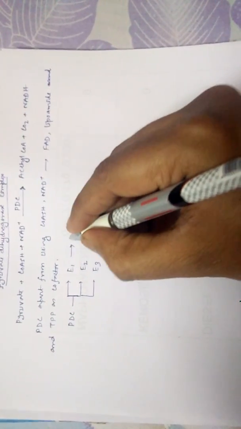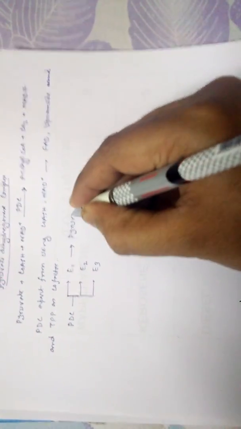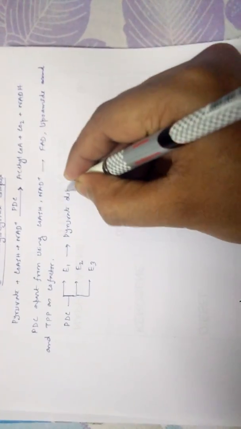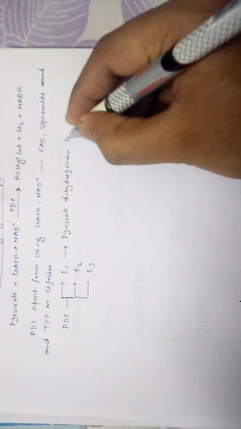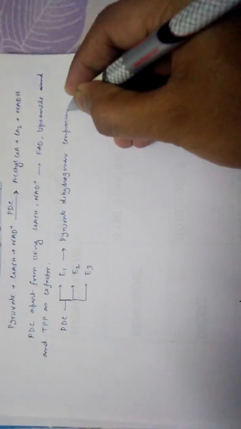So basically PDC is a multimeric enzyme composed of three components known as E1, E2 and E3. E1 is pyruvate dehydrogenase component 1.